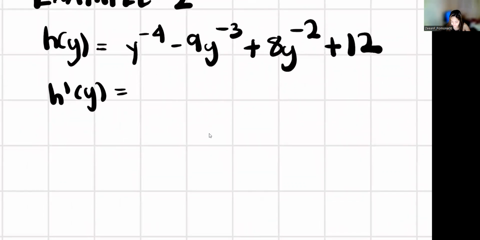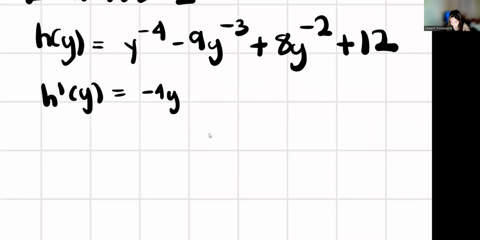Well, this would be solved as such. Negative 4y. Okay, remember, you are subtracting. So negative 4 minus 1, plus 27y, because negative 9 times negative 3 is positive 27.